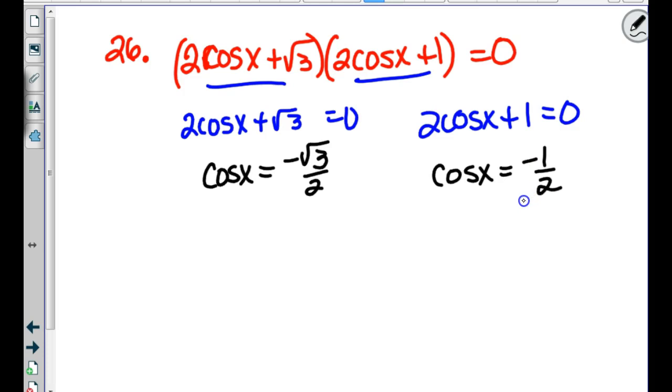And the directions just say 0 to 2 pi. So Mackenzie, why don't you tell me the answers to this one? Negative square root of 3 over 2 in the cosine spot. And Tristan, can you tell me where cosine is negative 1/2?